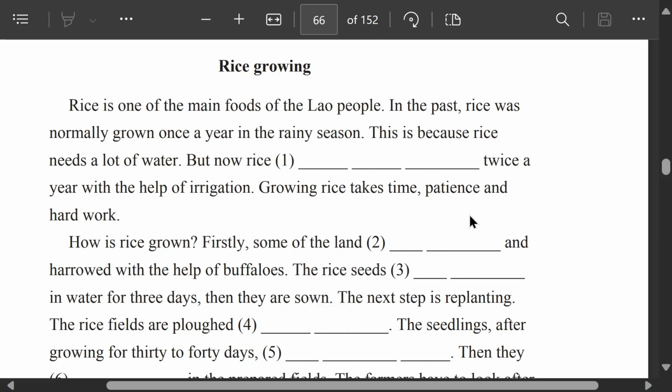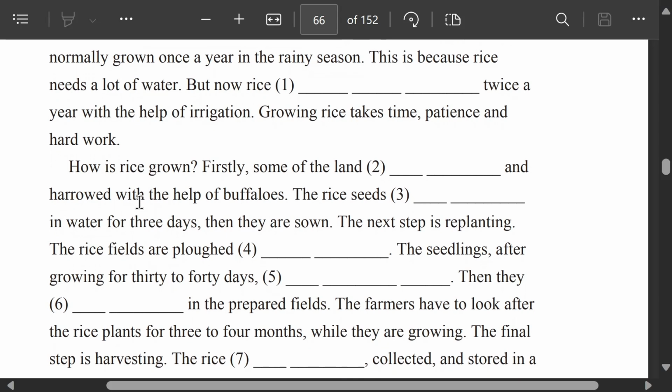Growing rice takes time, patience, and hard work. How is rice grown? Firstly, some of the land. Remember? Some of the land here is also passive. The land is, what is the first thing to do?